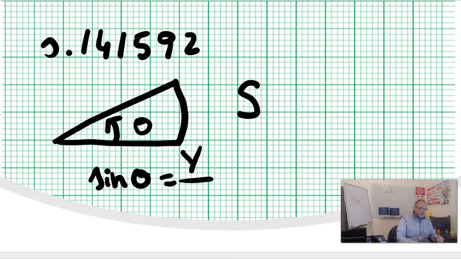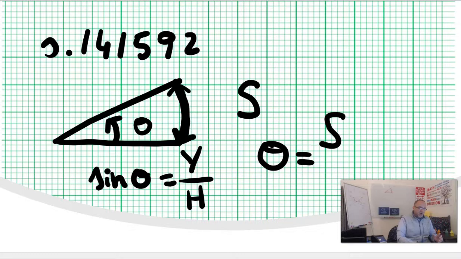Which is y divided by the total vector, or the hypotenuse in this situation, mathematically speaking. Now, if I am in a sector, okay, and I want to study the same proportionality, I go theta equals this subtended arc length, okay, the curve, divided by r.